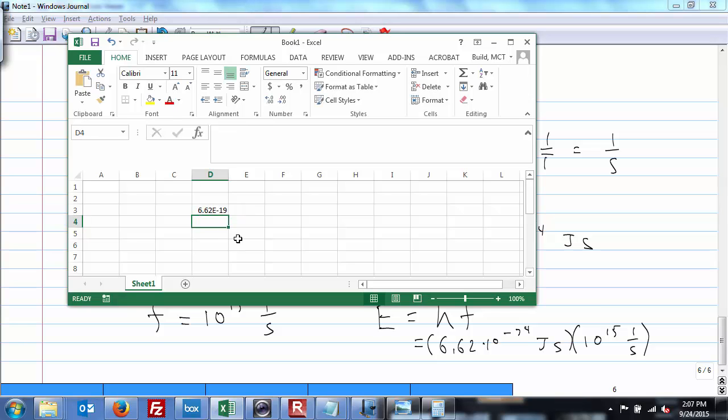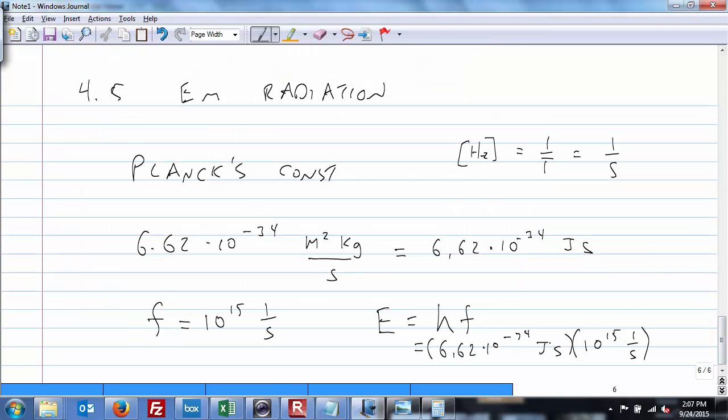Okay, 6.62 times 10 to the minus 19. Well, in fact, we could have just done that in our head. It's negative 34 plus 15. So I'll write that up here. Sorry, I kind of ran out of room. Equals 6.62 times 10 to the minus 19 joules.